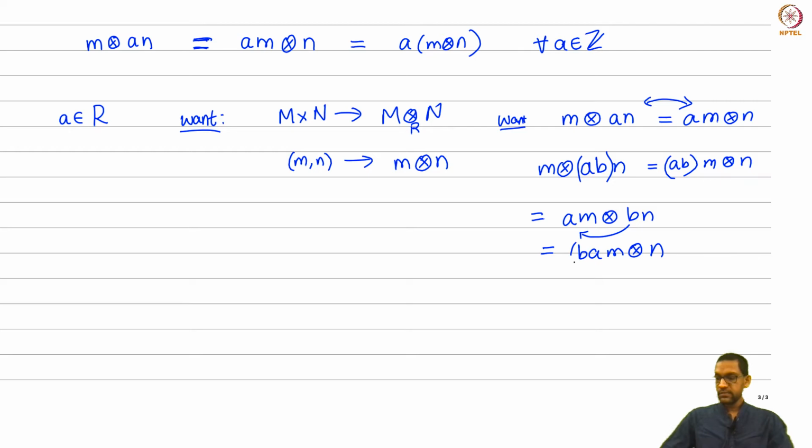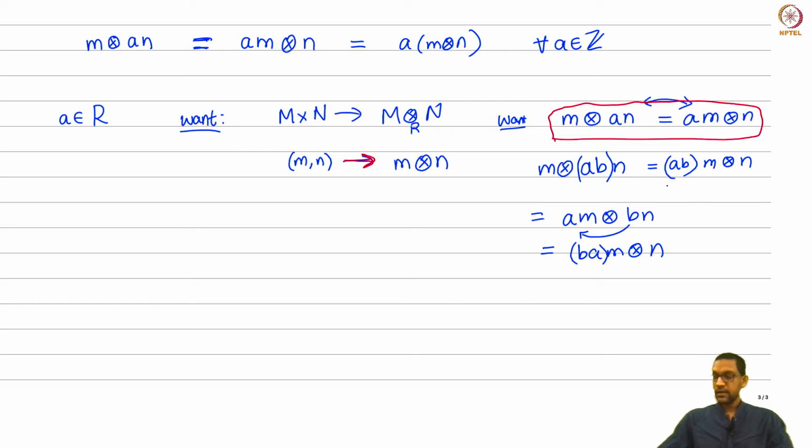And now observe that if I want this to be true for an arbitrary ring R, the point is arbitrary rings are not necessarily commutative, okay. And so if I want this tensor product map to be bilinear in this sense, that I want to be able to move the scalar A from the second component to the first component, then I'm already in trouble, okay.